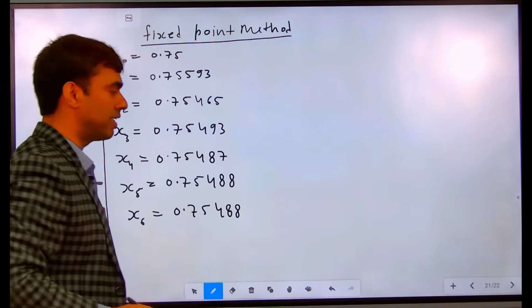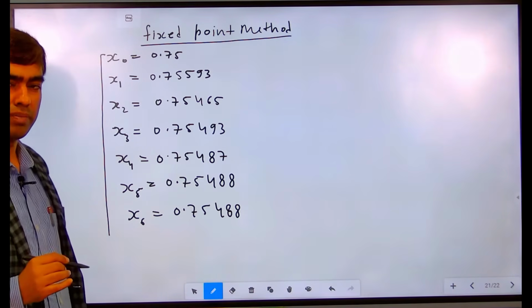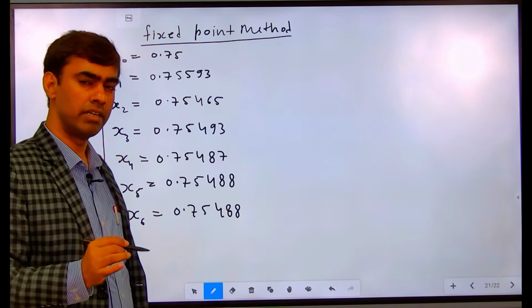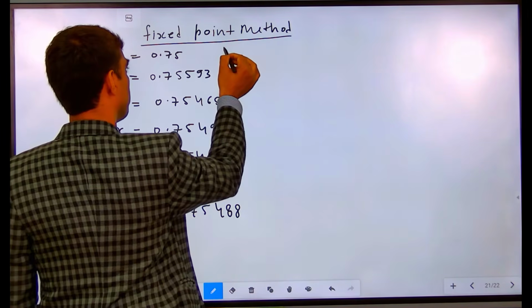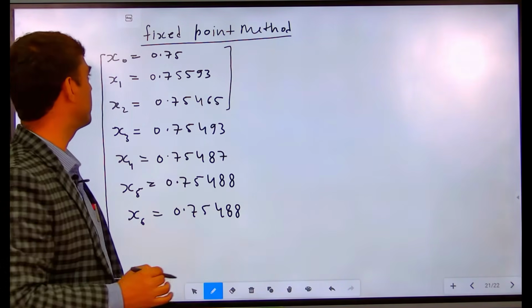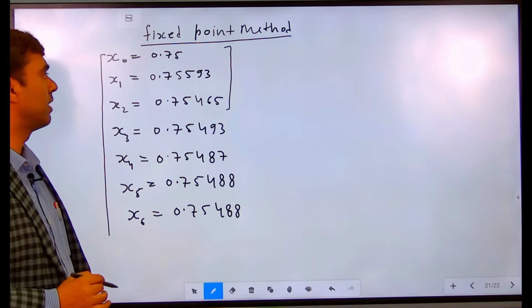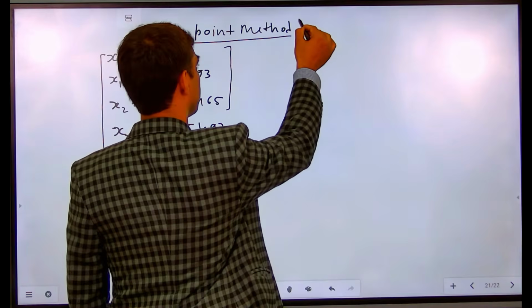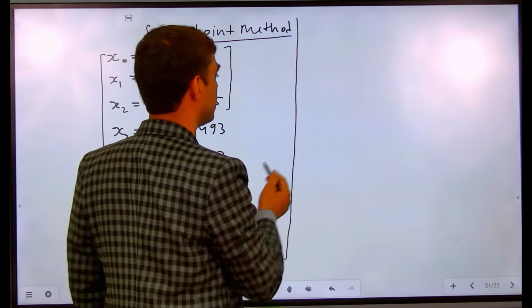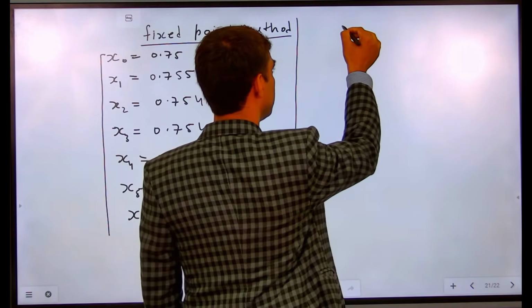As we said earlier, Aitken's delta square method is only applicable if we have three known values. Suppose with the help of the fixed point method we find the values of x0, x1 and x2. So what happens in Aitken's delta square method?